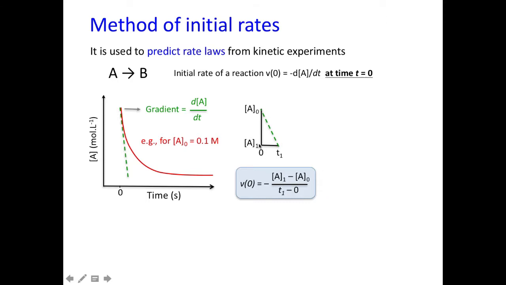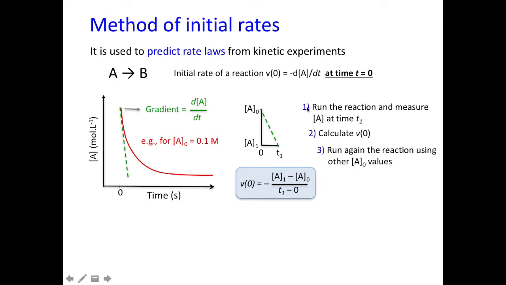So if you wish, it's delta y divided by delta x. And we have a minus sign because the rate of reaction is always positive. And in this way, if we wait a little bit of time and measure the new concentration of A, we just substitute here to get the initial rate of this reaction.